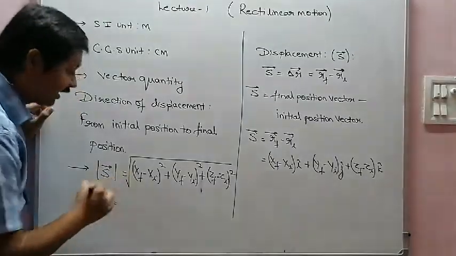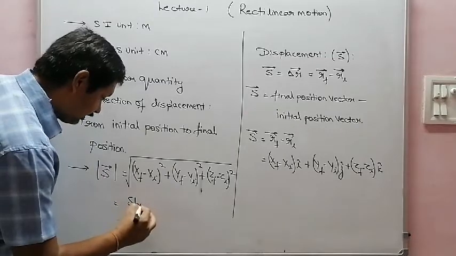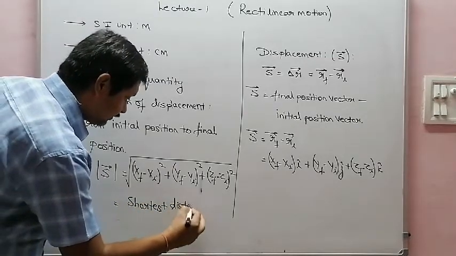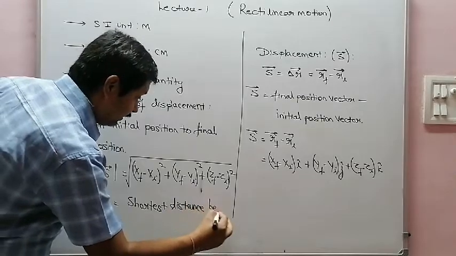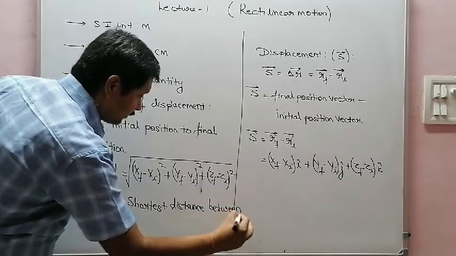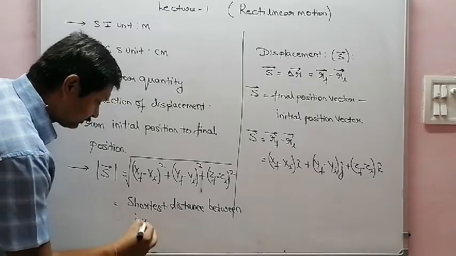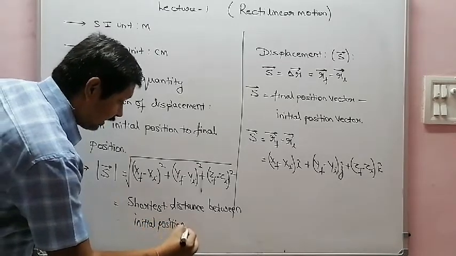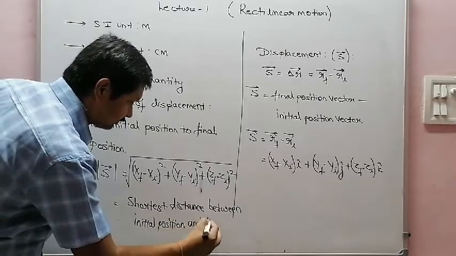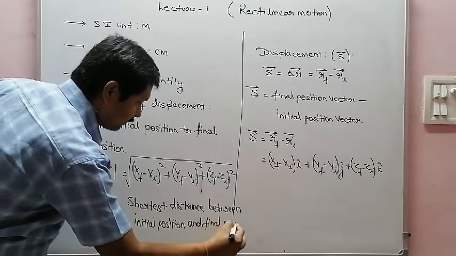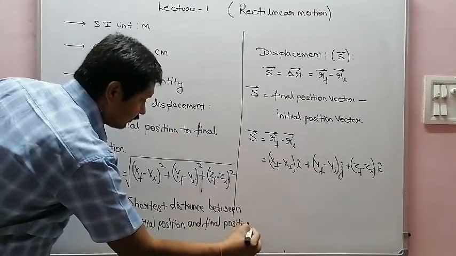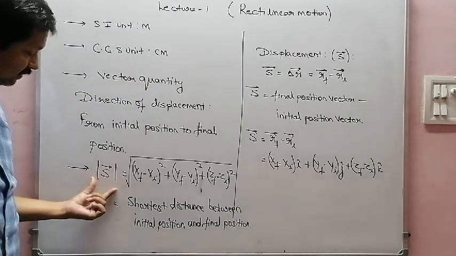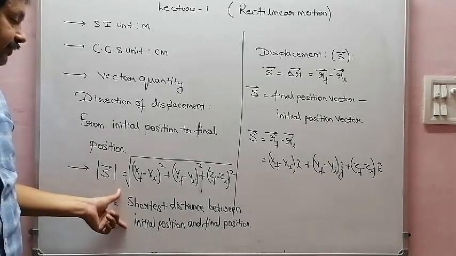So the magnitude of displacement is the shortest distance between the initial position and final position.